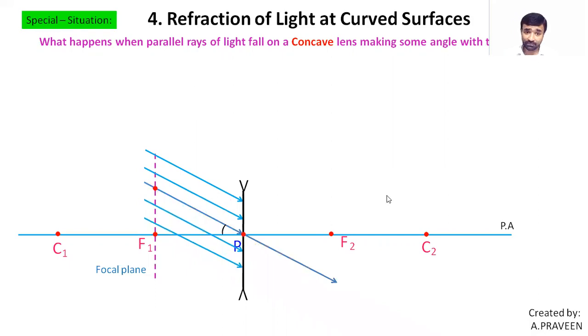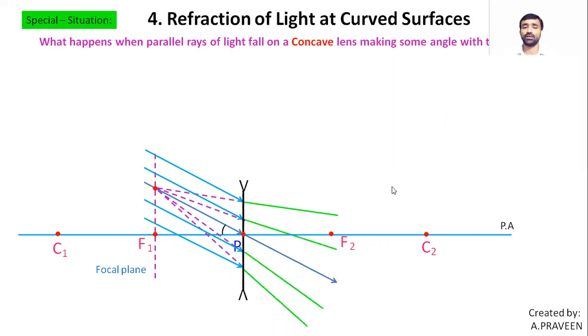From there, I am connecting all the points of incidence for the respective light rays. Then after refraction, they appear to diverge or emanate from the focus. So complete those light rays, extending in the same direction, straight with dotted lines.